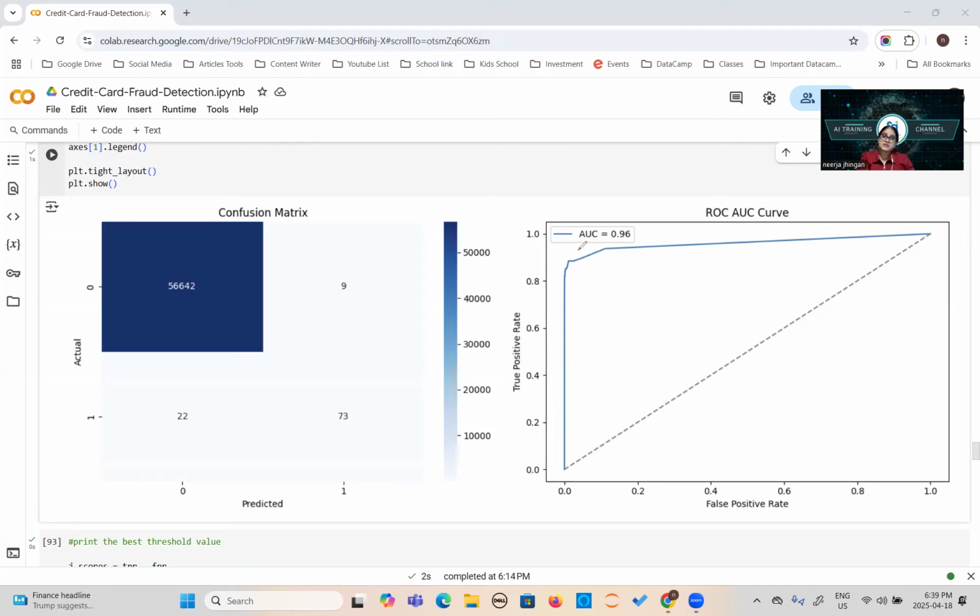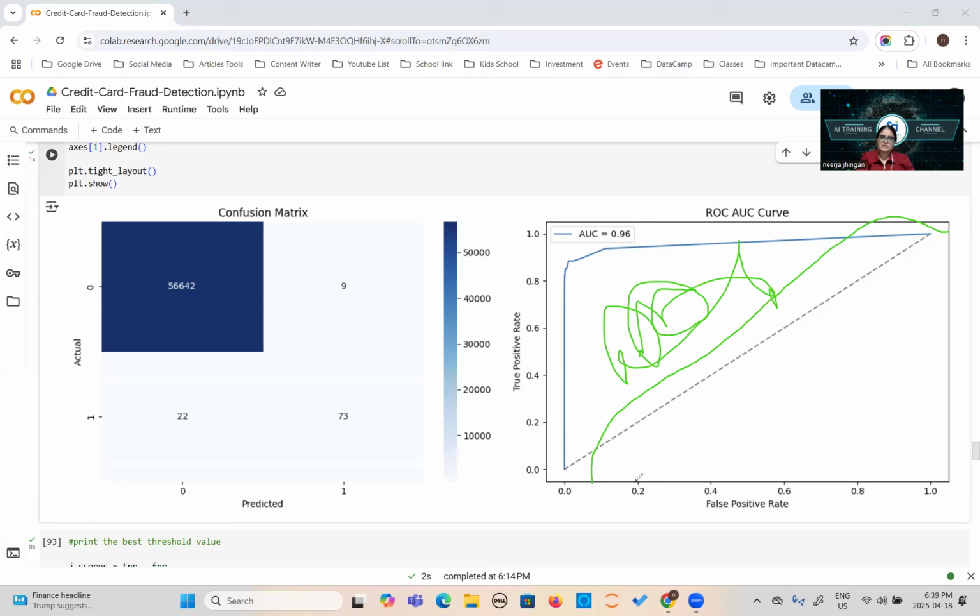So how much area under this curve is covered? The more, the better your model is. In case this blue line is not above, it might be like this. Let me use a different color here.